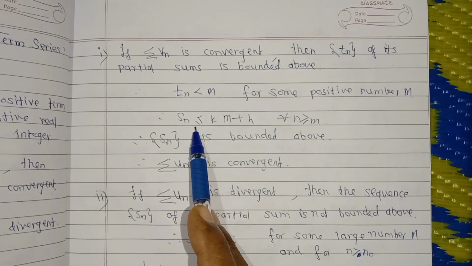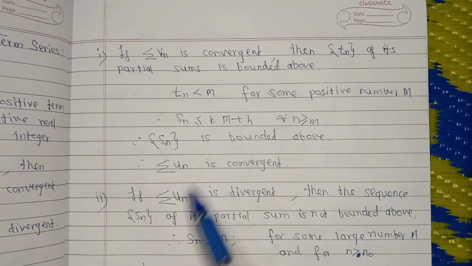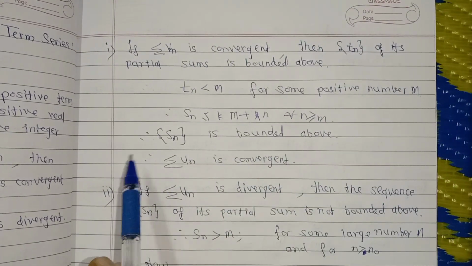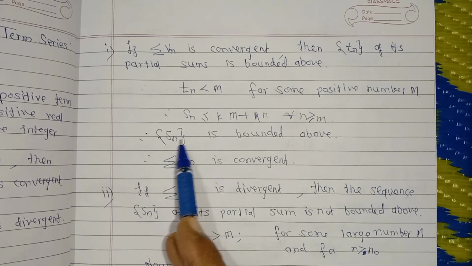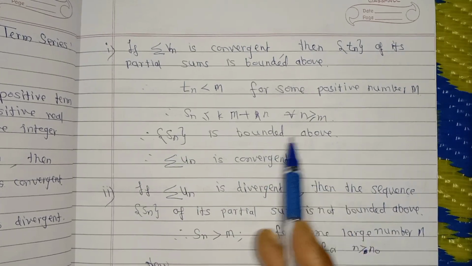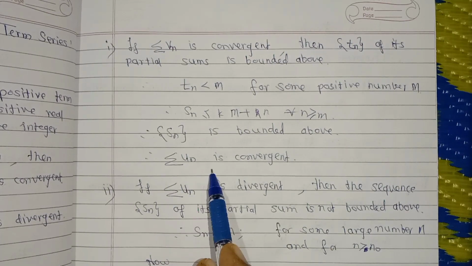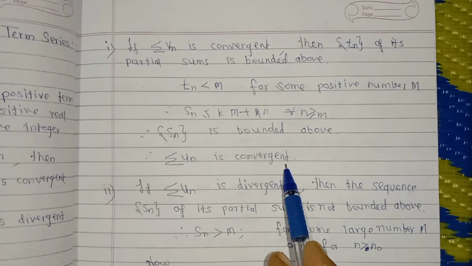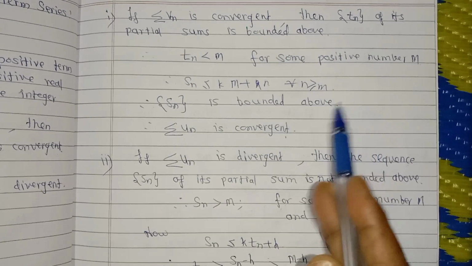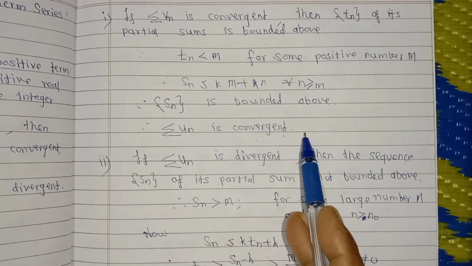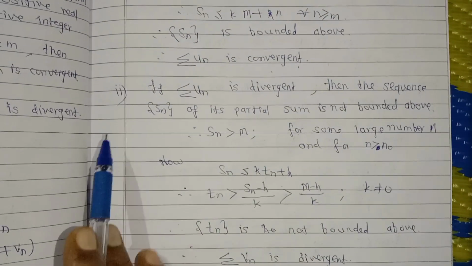Hence Sn is less than or equal to k into M plus N for n greater than or equal to m. Hence the sequence of partial sums is bounded above. Hence by theorem summation of un is convergent. That means if the sequence of partial sums is bounded above, then the given series, that is summation un, is convergent.